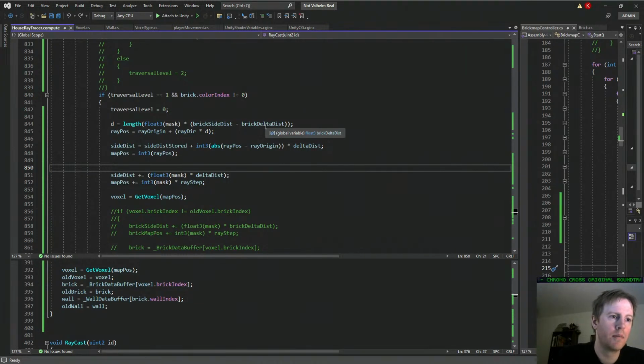One thing that makes it difficult, and might be part of what makes it inaccurate, is if it is the lowest ray, if it's the smallest ray that we're using, the smallest side dist, then that might not be enough.